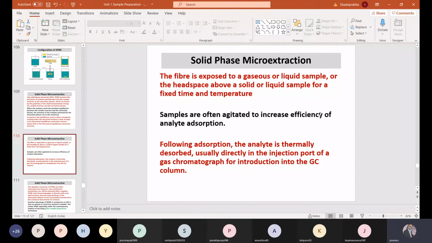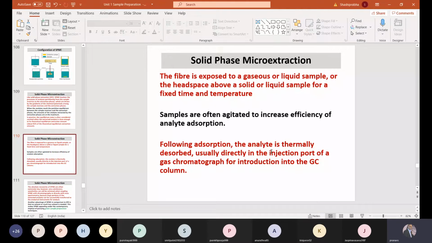गर्म करोगे वो निकल जाएगा, चला जाएगा. So it can be directly injected, जैसे इसमें लिखा है, into the gas chromatograph. So there is no need of further sample preparation. That is the importance of solid phase extraction. It minimizes the steps.